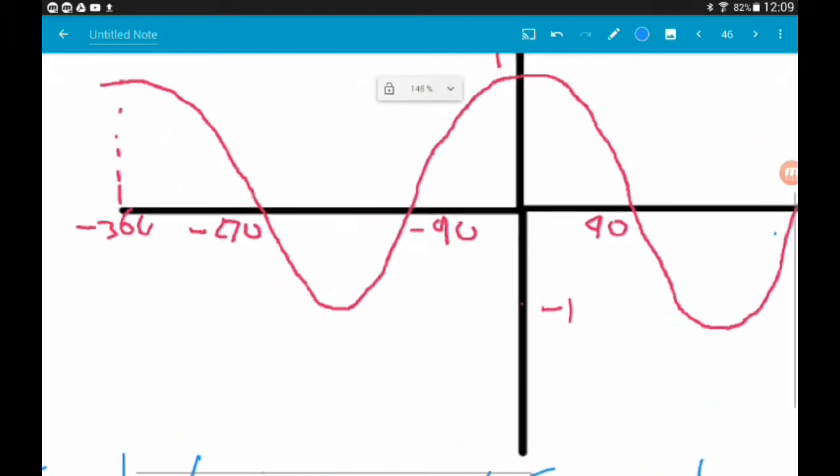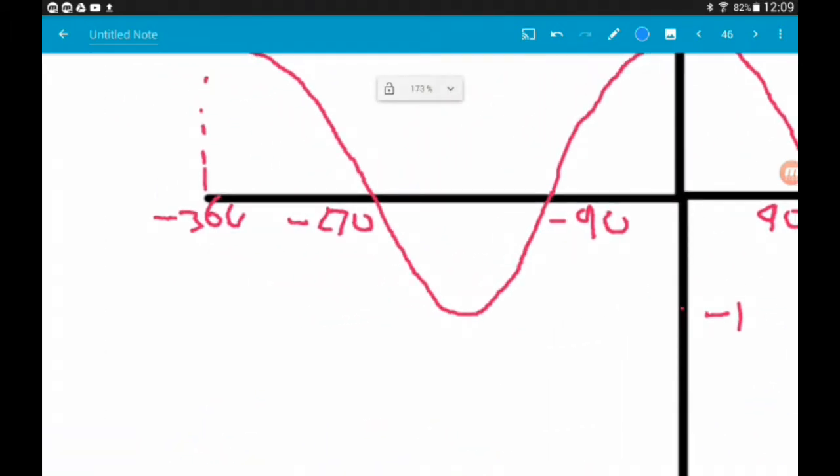So this guy here at -270 is going to go to -315. This peak that would be at -180 is now going to be at -225, still at -1 though.